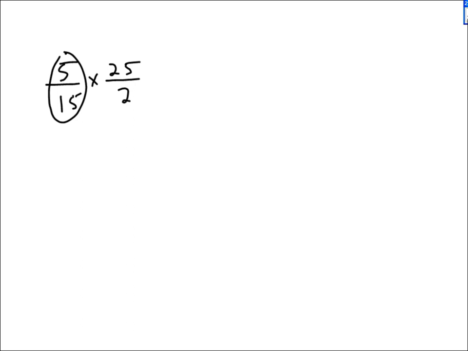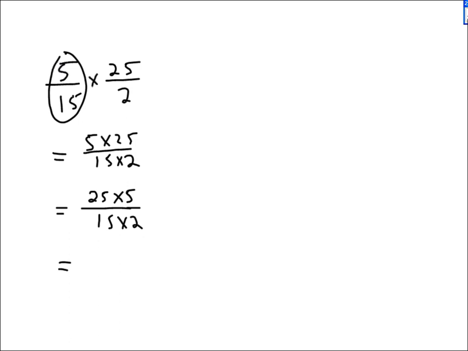This is not true. Even if it were true, the top is 5 times 25 over 15 times 2. Well, 5 times 25 is the same as 25 times 5. The bottom is 15 times 2.